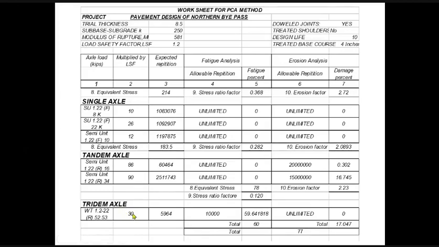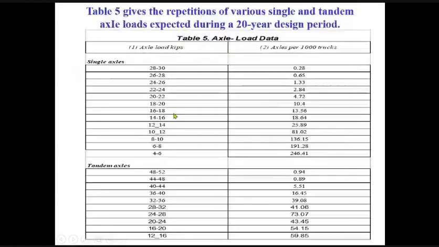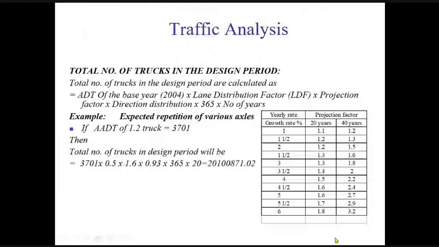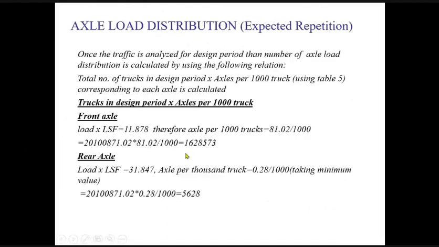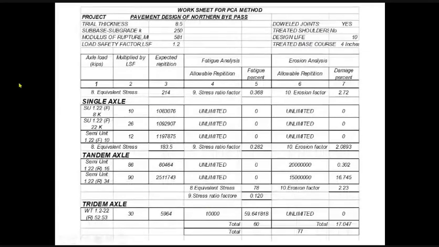Once you do this, this is the expected repetition, and I remind you, this expected repetition we calculated first thing in our lecture. This is how we calculate the expected repetition. Likewise, we have done for this problem as well. So these are the values coming from there, and similarly this one as well.